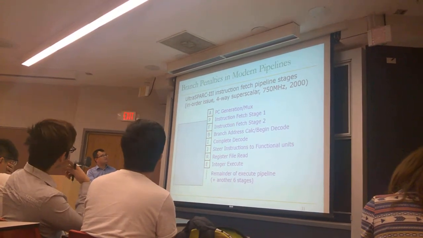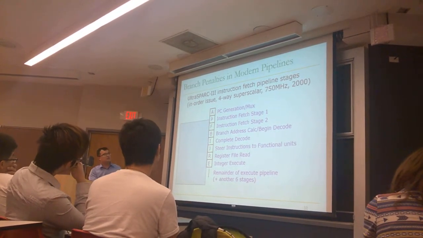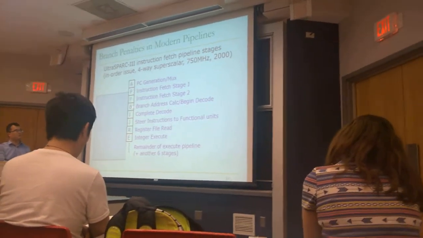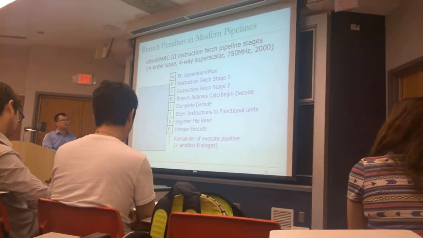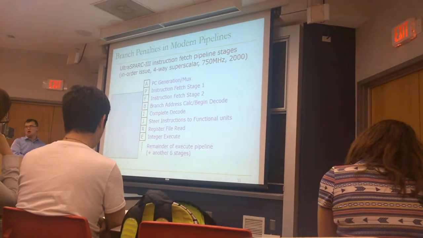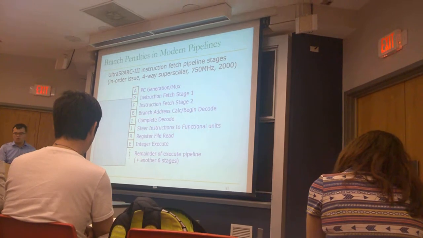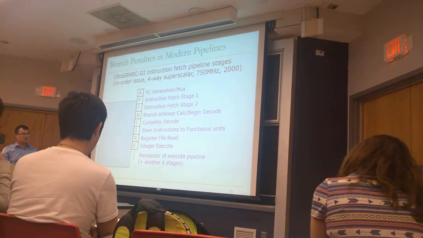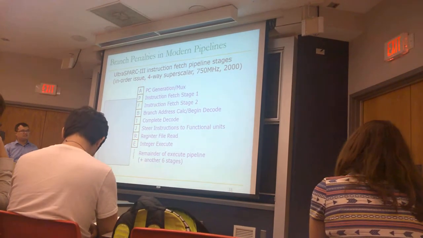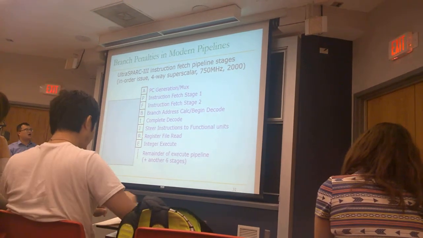Let's say, when will we know the target address? In this case, for example, if we know the target address after the branch address calculation stage B, we will say after B, or at the B stage, we will know the address. And when will we know the direction? If we need to get the values of the register files at the R stage, we define it as after R we will know.